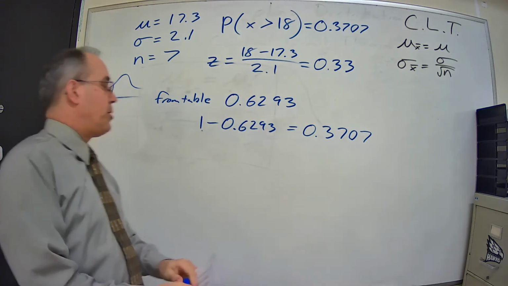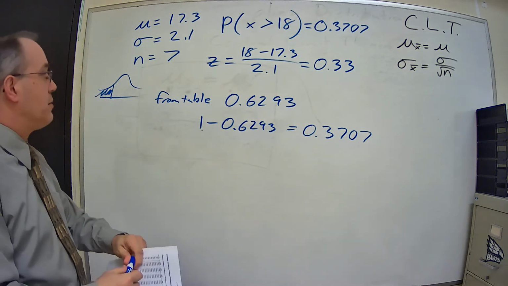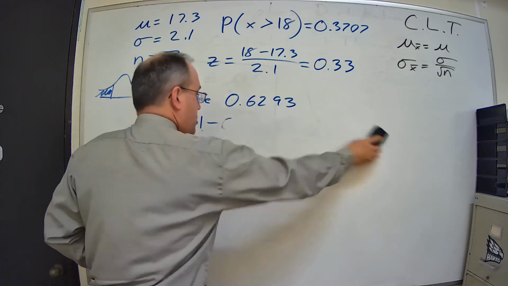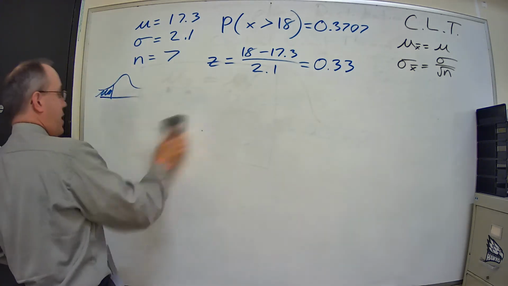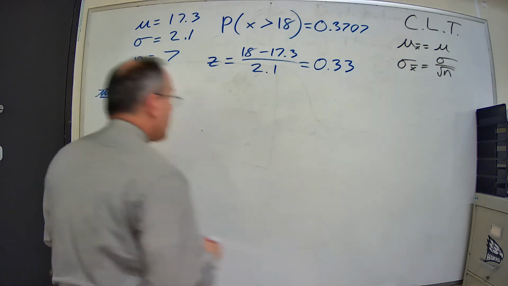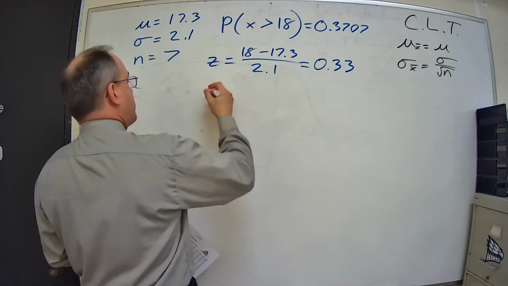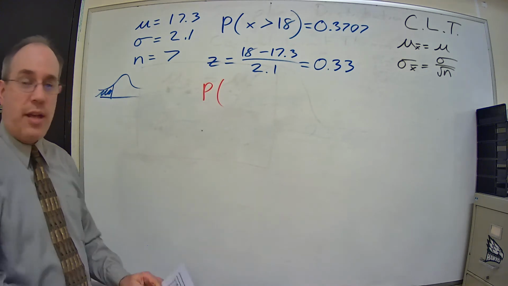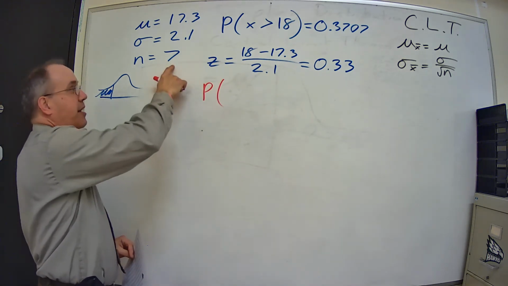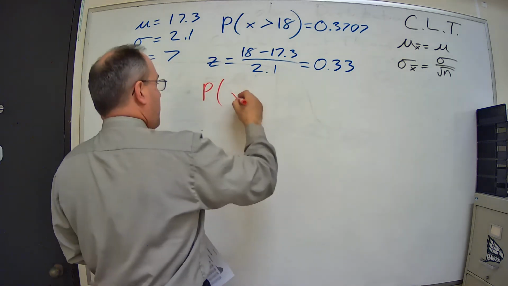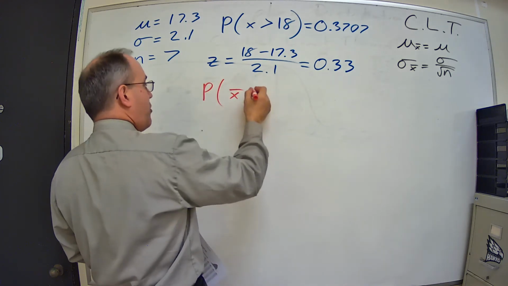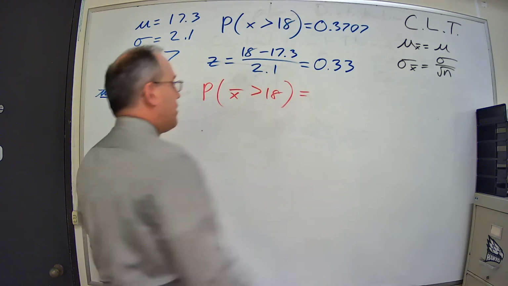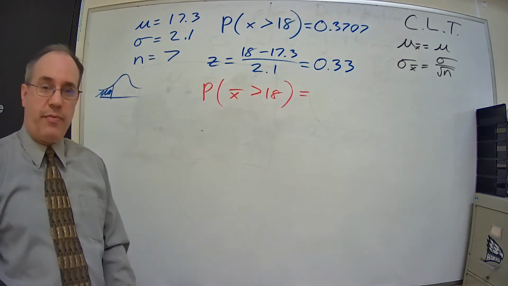Now I'm going to change colors and erase this part here just to give myself a little more space. I'm going to ask the question: what's the probability, if I randomly select a sample of 7 items, that the average value of those 7 items is greater than 18?